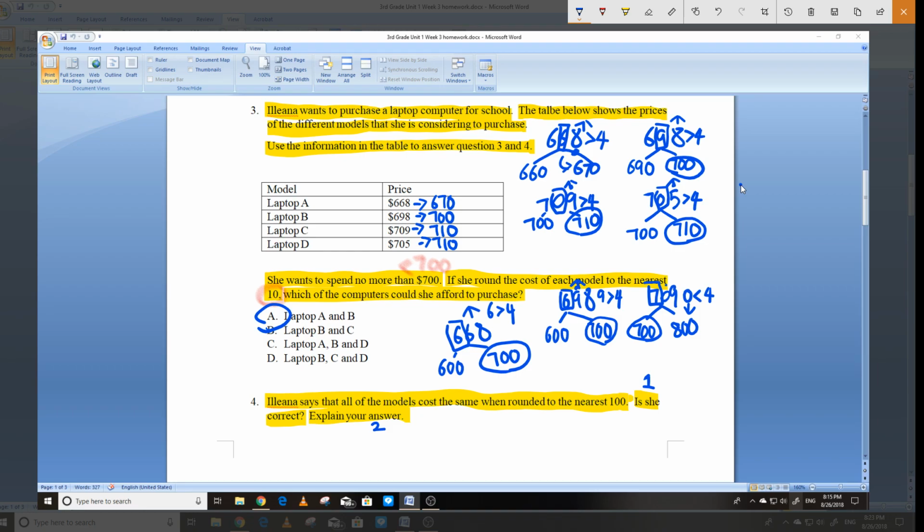Let's take a look at the last one, $705. We're looking at the 100th place, so if we keep it the same, it'd be 700. If we go up by 1, it would be 800. So if this is a 0 and 0 is smaller than 4, we go down. We're going to round down. The answer here would be 700.